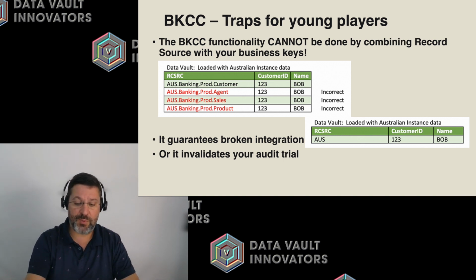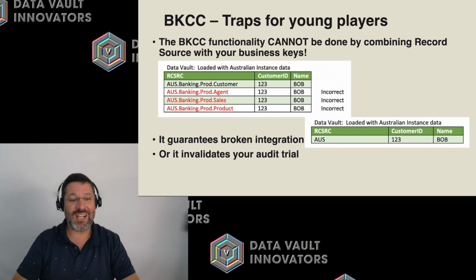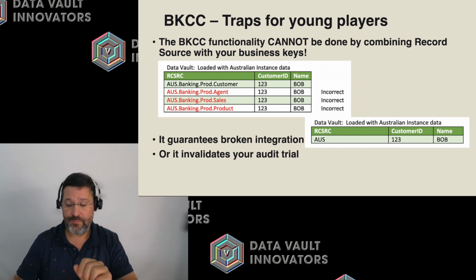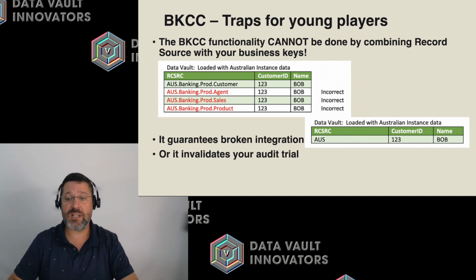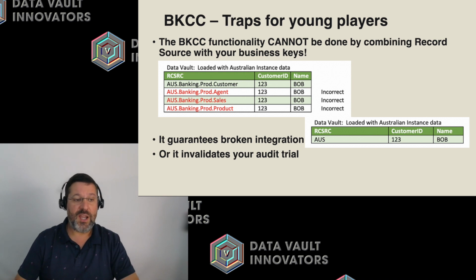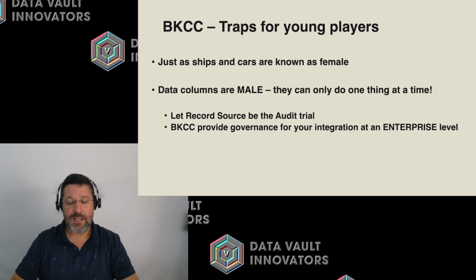Please do not abbreviate your record source to the level where a business key collision code is used. It can't do two jobs. It needs to be either an audit item, which shows you exactly where the data originated from, or it needs to be a business key collision code. So let record source be record source, because it can only do one thing at a time.